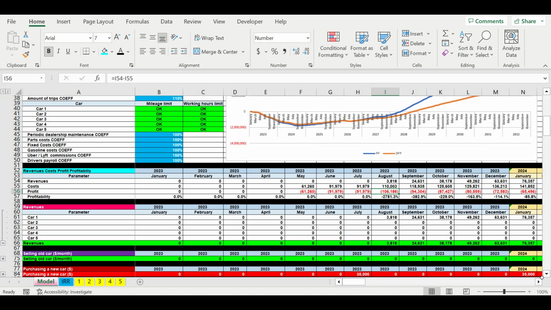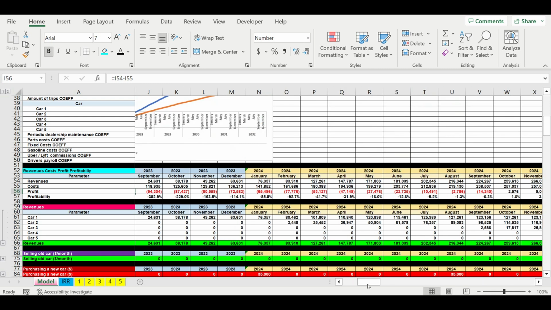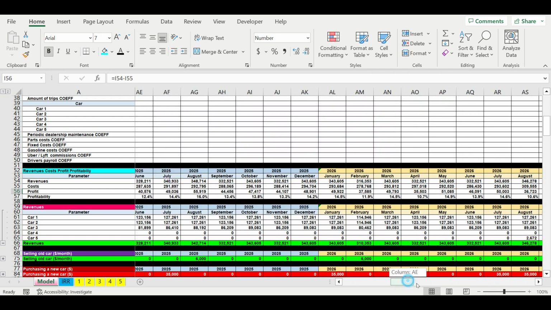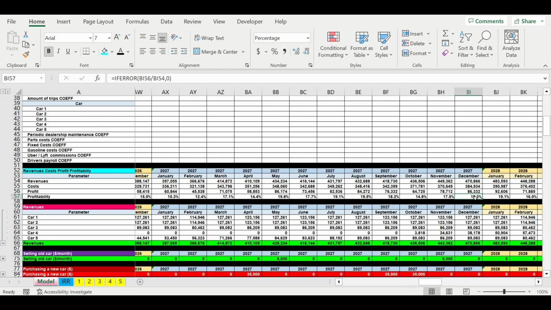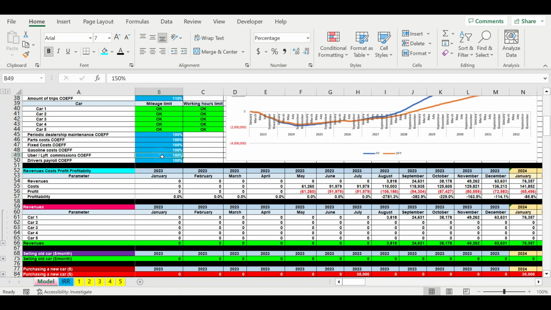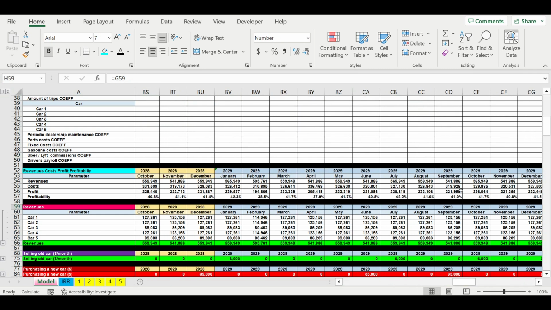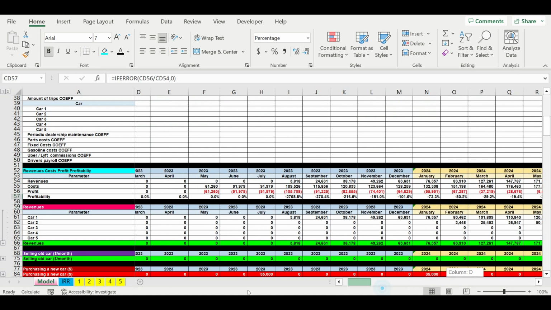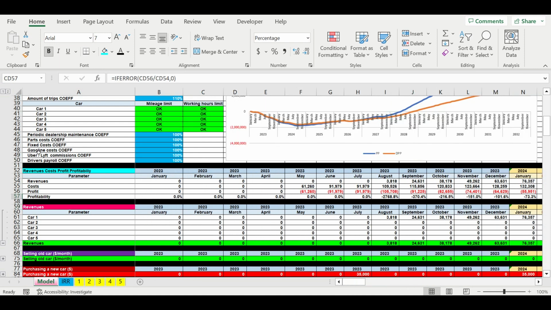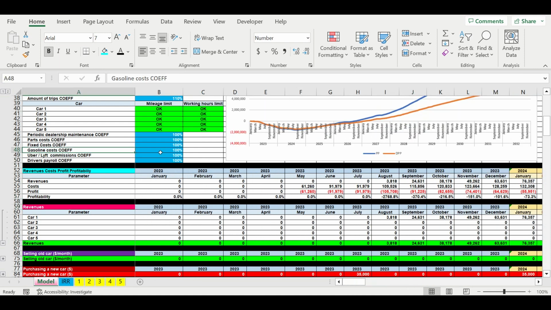We can see how the profitability will drop. Or we can, for example, increase the cost of gasoline.